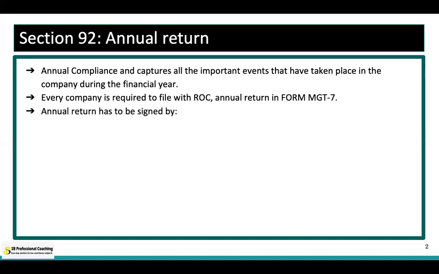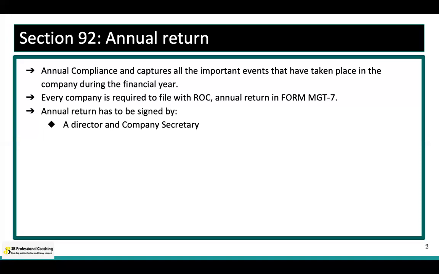Now point number 3 is, who will sign this annual return? The annual return has to be signed, then only it is valid. Any document which is not signed is not valid. Who is the designated person, the authorized person to sign this? Number 1, the company's director and the company secretary of the company. If the company secretary is appointed, then the director plus the company secretary, both have to sign.